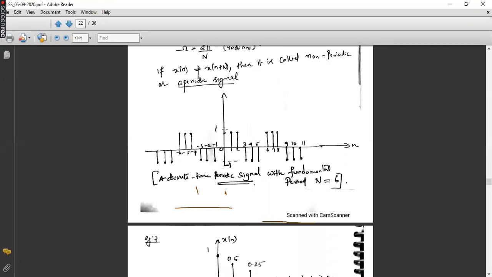Remember, at 0 you are having 1. I have put a dot here. So at 0 you are having 1. After drawing this figure, you should be able to find the time period of the signal.